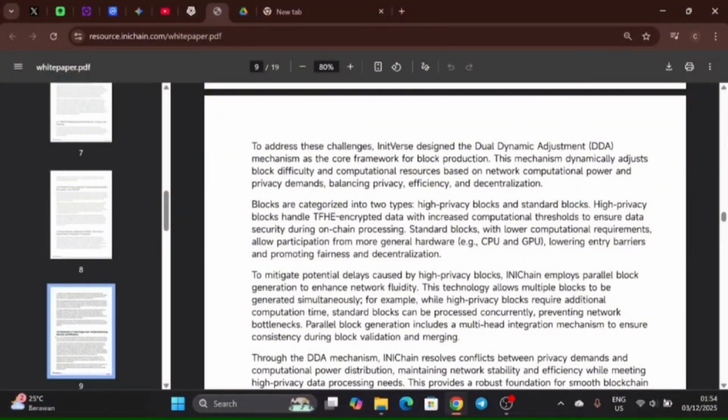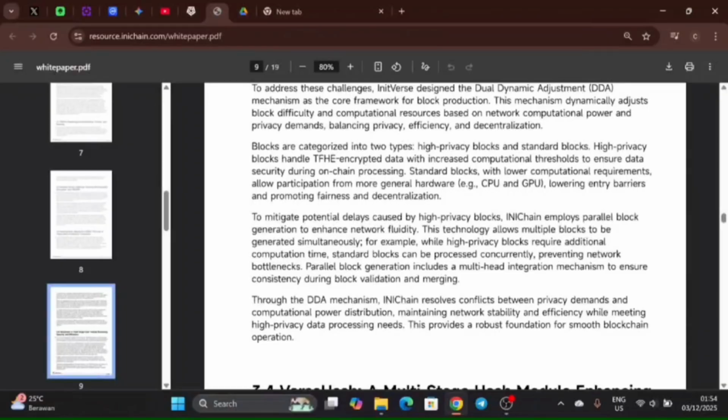Interesting. To mitigate the potential delay caused by high privacy blocks, when they're processing high privacy blocks, based on block time creation, InitChain employs parallel block generation to enhance network fluidity.